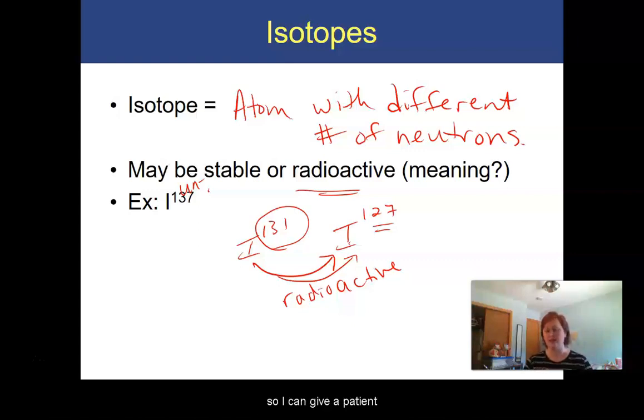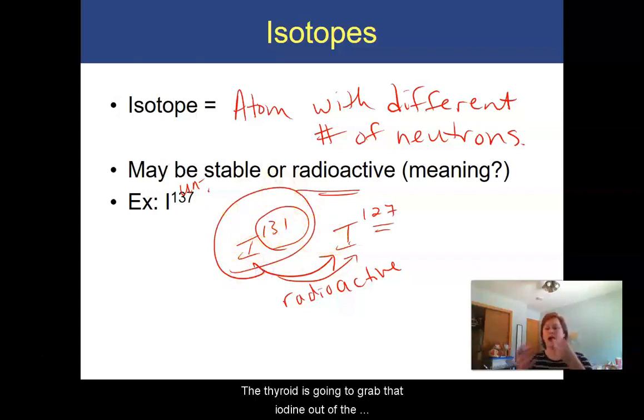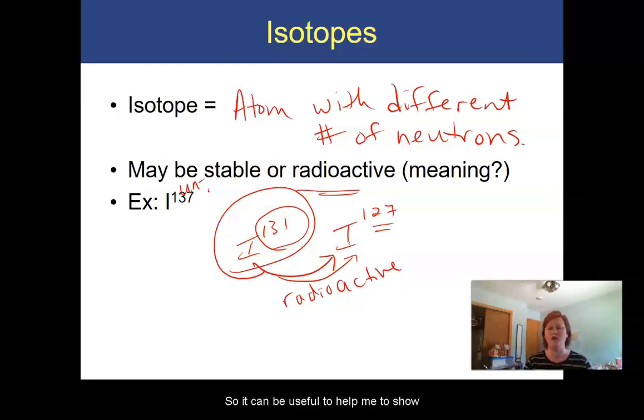So I can give a patient radioactive iodine. The thyroid is going to grab that iodine out of the bloodstream and use it to make the hormones. And in the process, my thyroid is now going to light up like a Christmas tree on an X-ray. So it can be useful to help me to show soft tissues that would not normally show up on X-ray.